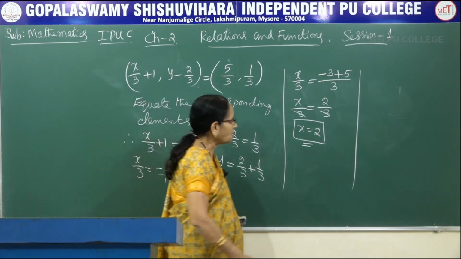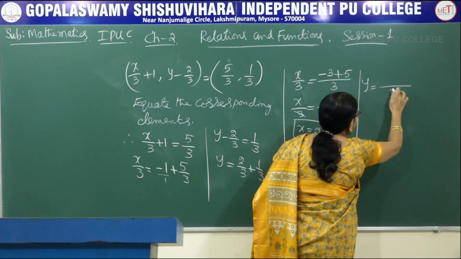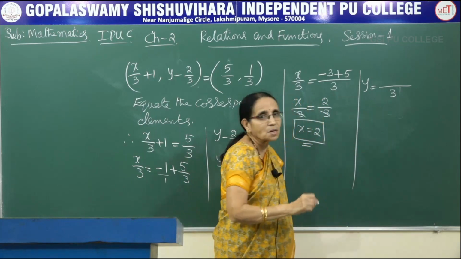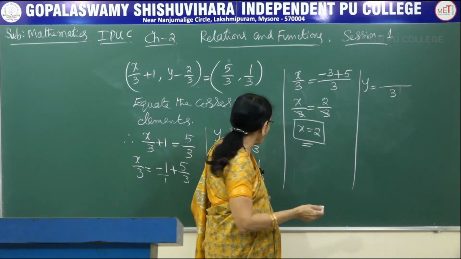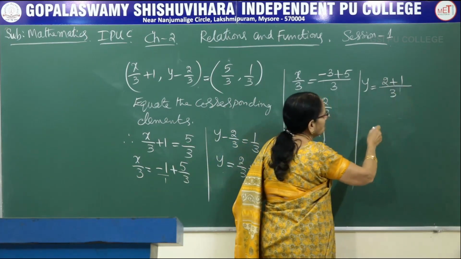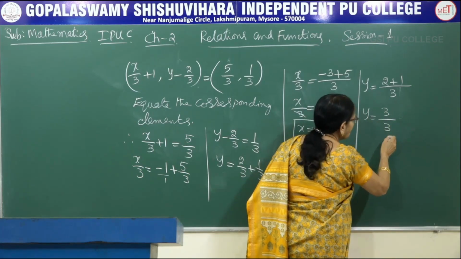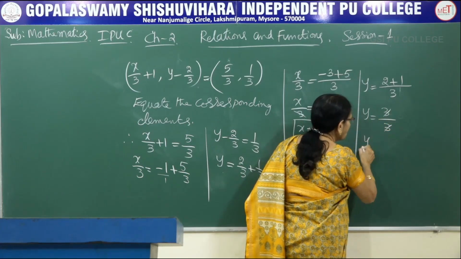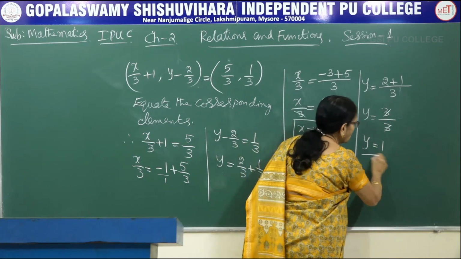But if you find it difficult, the usual procedure is there, you take the LCM. In this case, 3 being the common denominator for both the numbers, that itself becomes the LCM. So 3 ones are 1 into 2, 3 ones are 1 into 1. So that would be 2 plus 1, 3 divided by 3, and 3 and 3 get cancelled. If cancelled, it is not 0, we will be having 1.